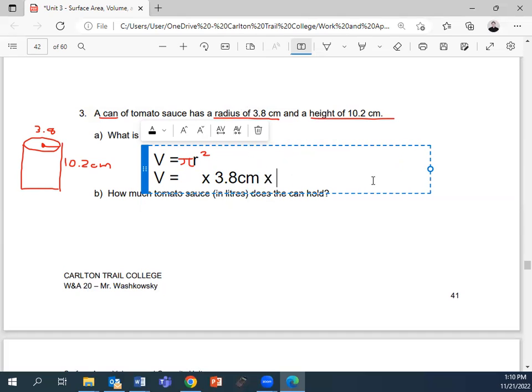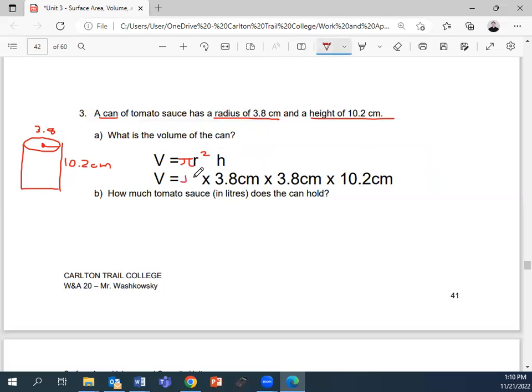And now remember, you're squaring the radius here. Oh, sorry, this is also times the height. My bad. So it's pi times radius squared times height, which is 10.2 centimeters. Even though there are 3 things here, you have to remember what that squared is attached to.